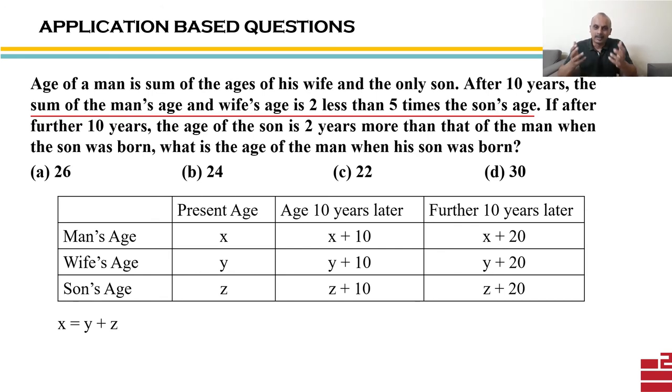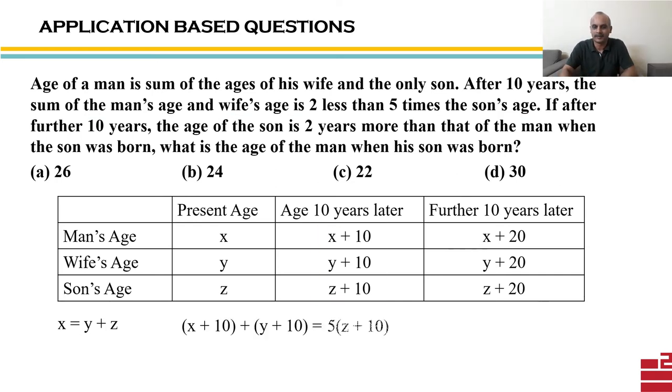So applying this statement to this data, what do we get? The sum of the man's and wife's age is 2 less than 5 times the son's age. The son's age will be taken as not z but z plus 10. So 5 times z plus 10, 2 less from that, so minus 2 thereafter. So our equation will be formed like this.